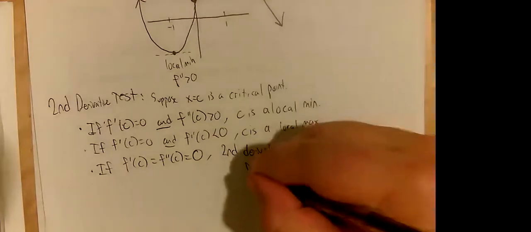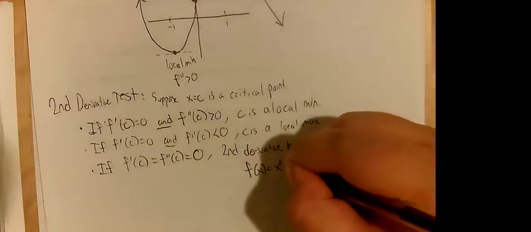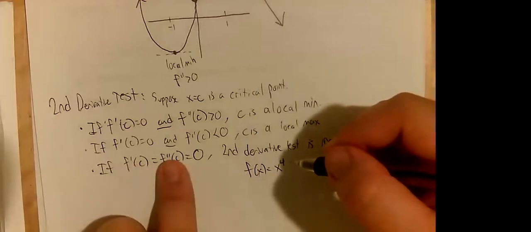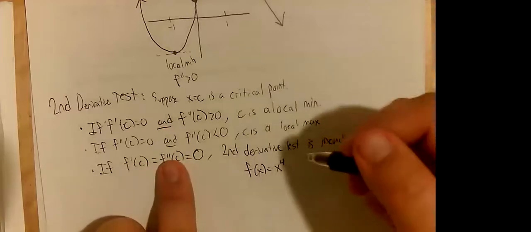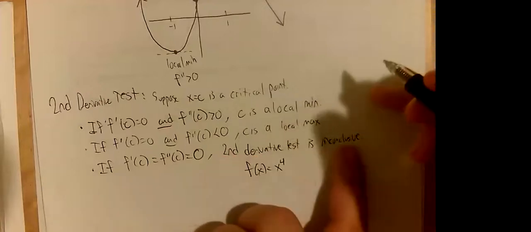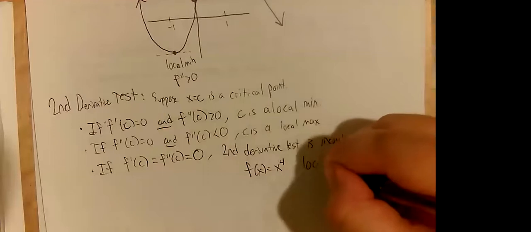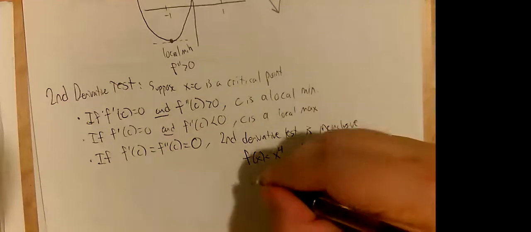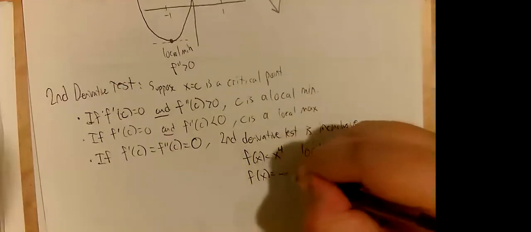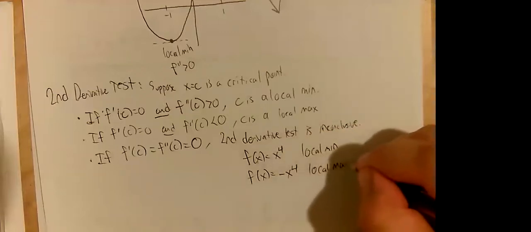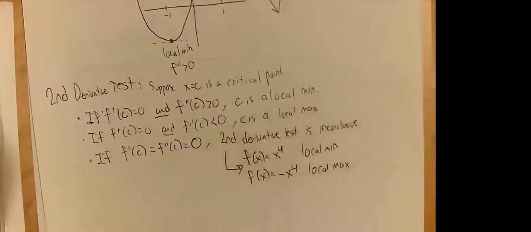So for example, if we had f of x being x to the 4th, we would see that both the derivative and the second derivative are 0 at the same place. So the second derivative test wouldn't tell us anything necessarily. But in this case, we would have a local minimum there. On the other hand, if we had the exact same scenario, only we had negative x to the 4th, we would have a local max instead.